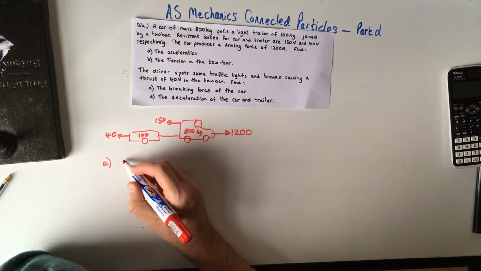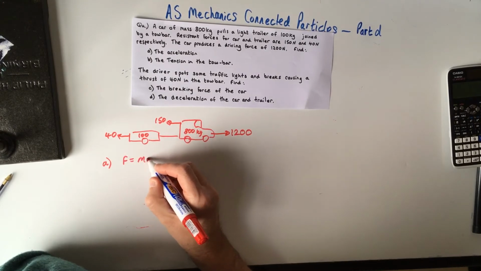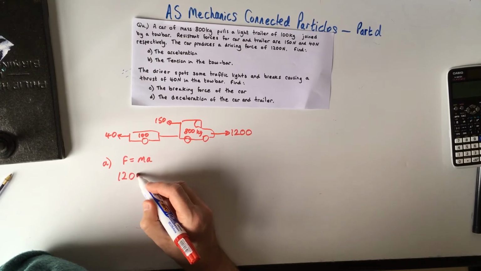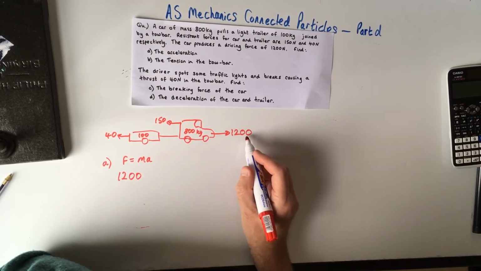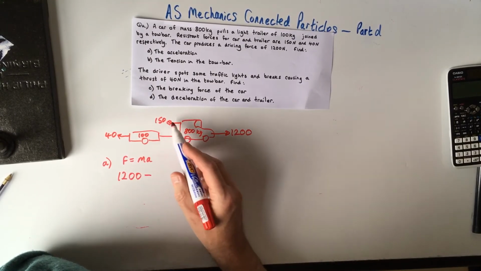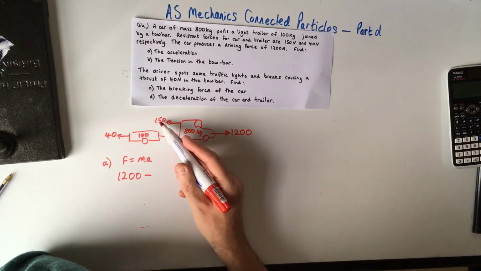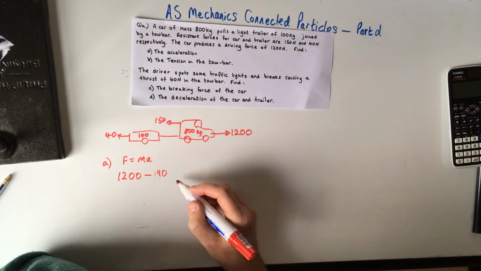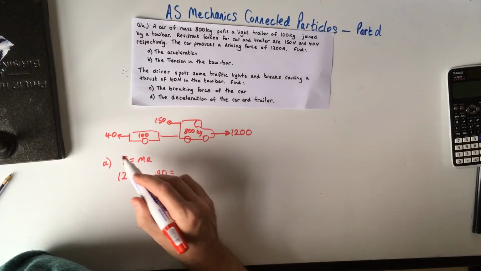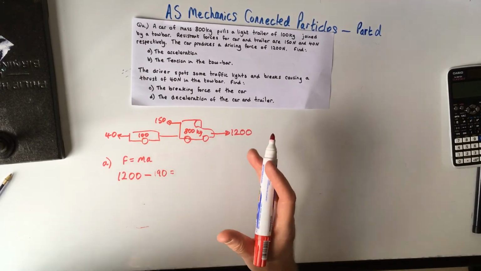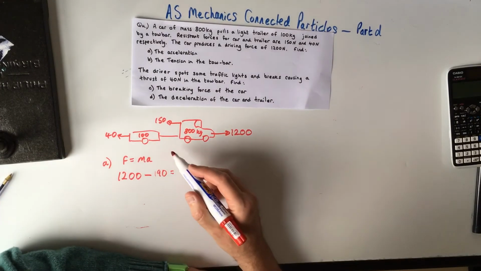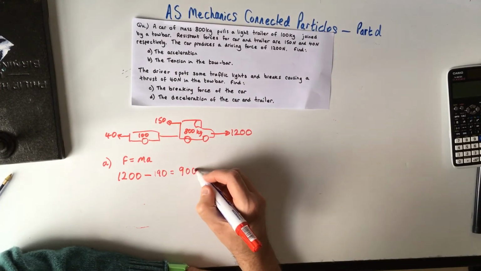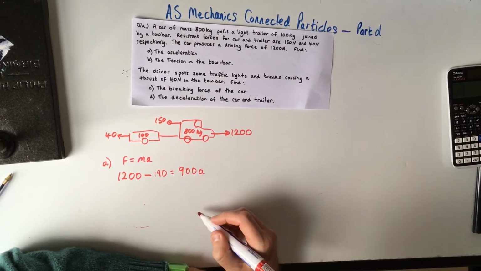So for the acceleration, we're going to go F equals ma. The driving force is 1,200 newtons minus the resistant forces, so everything working against that is going to be 190 newtons. That's those two adding together. And you can see what I'm doing. The whole thing is equal to the mass, which is 900, times the acceleration.